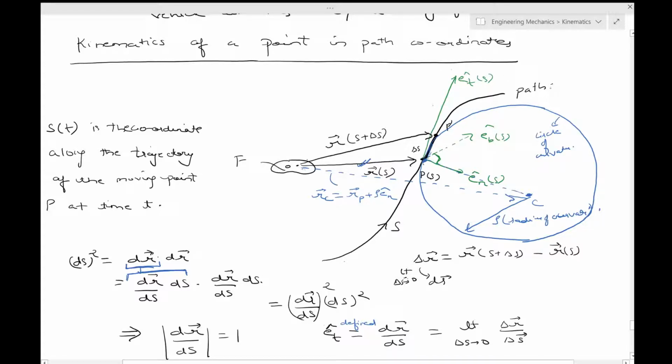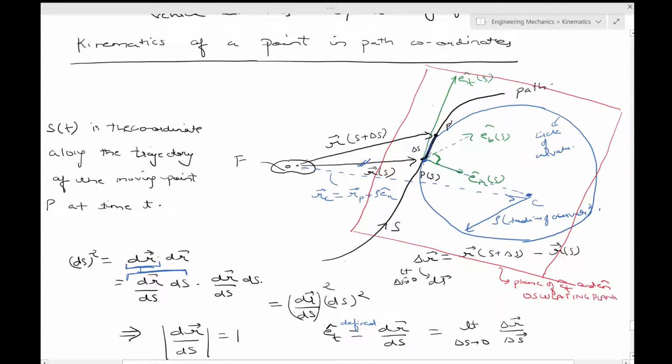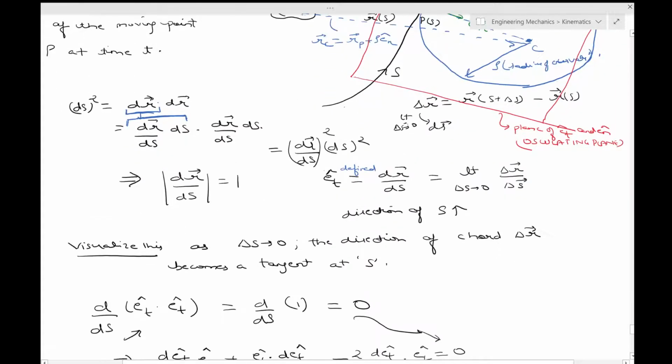I'll draw it something like this, and call this the plane of et and en. These are two vectors which are perpendicular to each other, so clearly they will form a plane. And this is called the oscillating plane. Okay, let's go back.